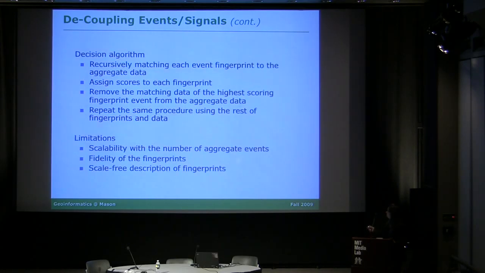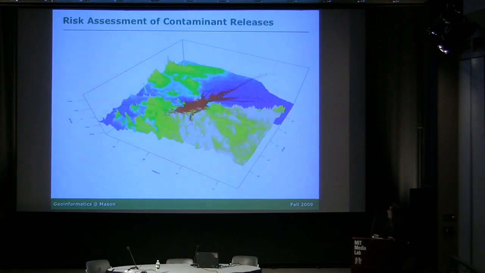They are matched recursively, and then the highest scoring fingerprint event is removed from the aggregate data. This process is repeated until we are left with each one of these things individually. There are still limitations to our approach, and we're working on that, but it is a very promising one for decoupling event and signals, which is a major issue in this process.